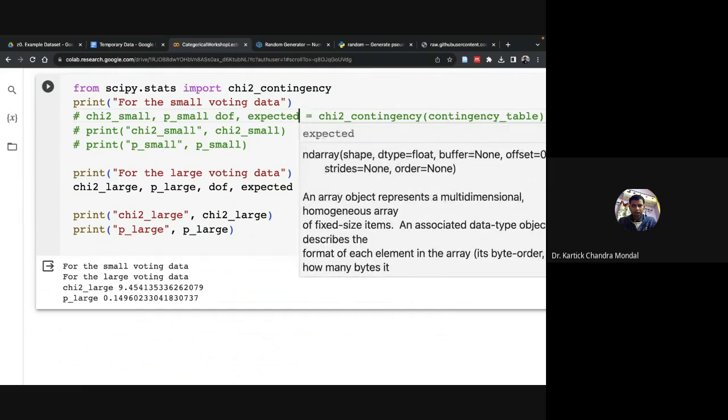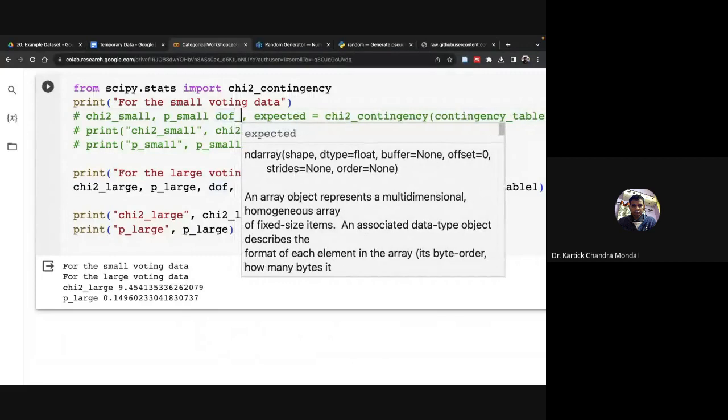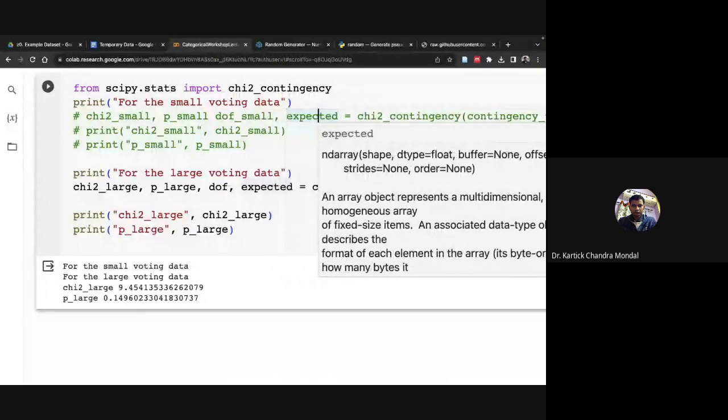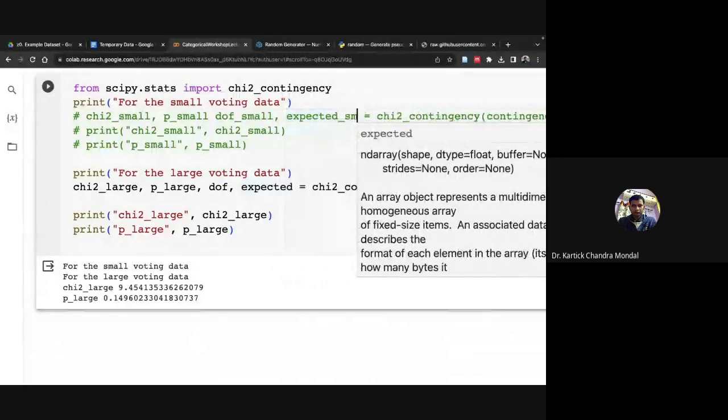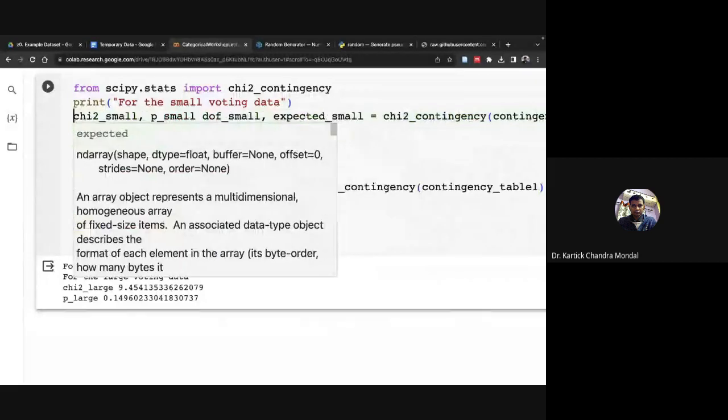So forget about these two values for the moment. Our concentration is on the first two values.